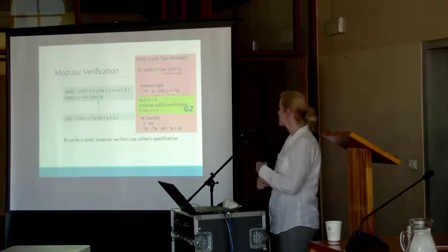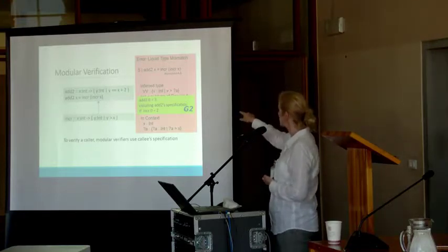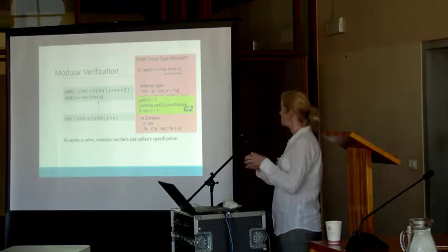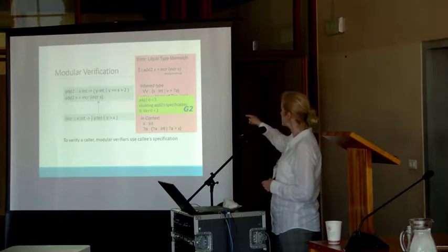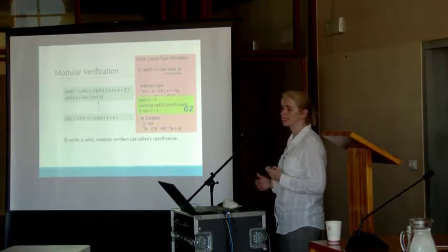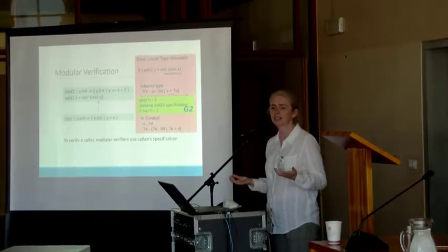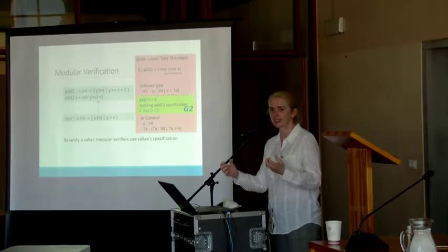What this counterexample is saying is, well, if I know that add2 applied to 0 will be 3, when I apply inc to 0 it will be 2. We can do that because both of them are satisfying the spec.